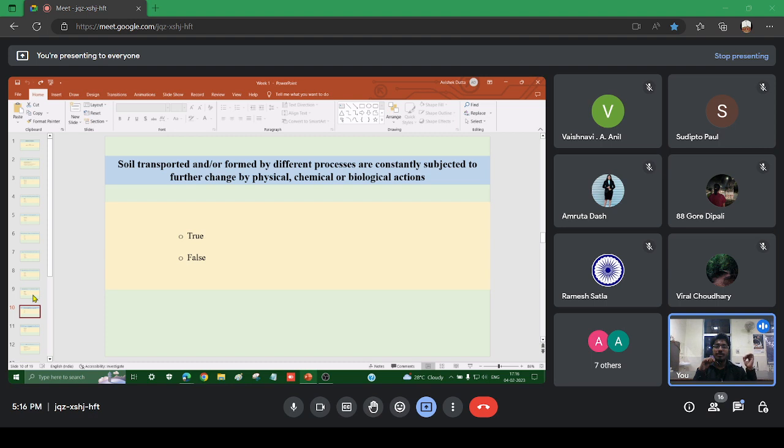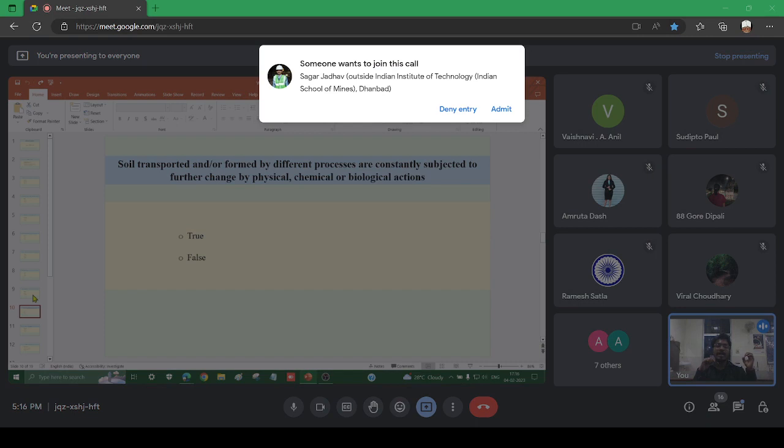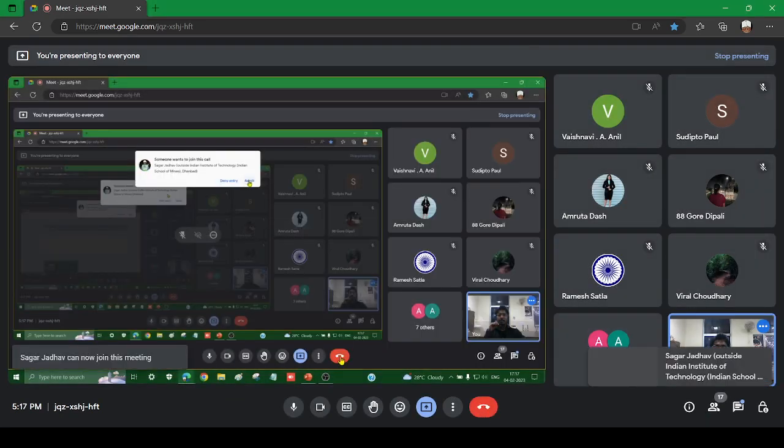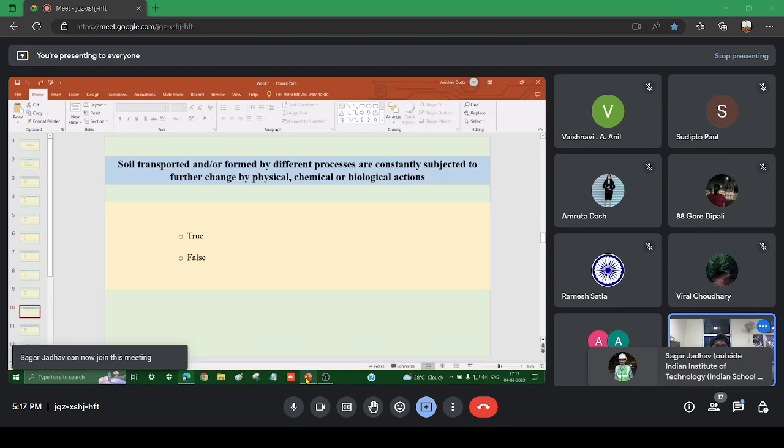I will repeat the question once again for those who can't follow. Soil transported and or formed by different processes are constantly subjected to further change by physical, chemical or biological actions. We have to state the statement is true or false.